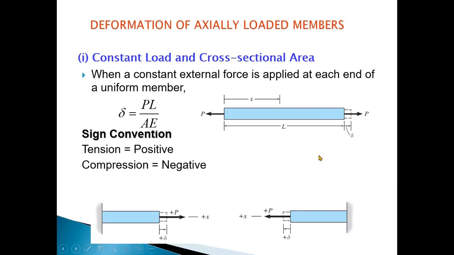When it is in the direction of tension, we assume it positive, and when it is in the direction of compression, we assume it negative. Always remember the sign convention: when we have positive deformation, it is tension, and when we have negative deformation, it is compression.